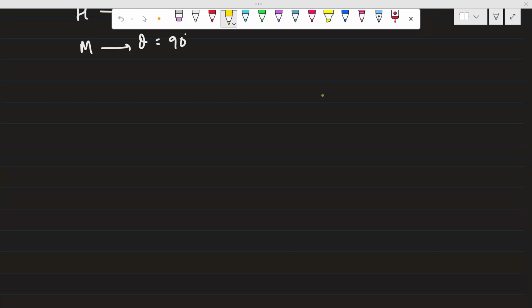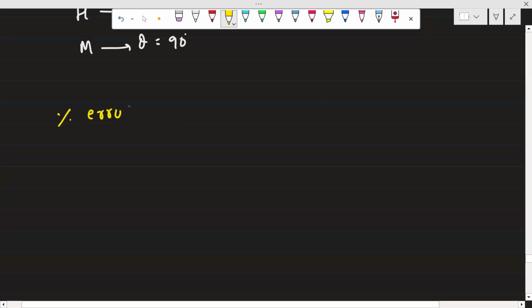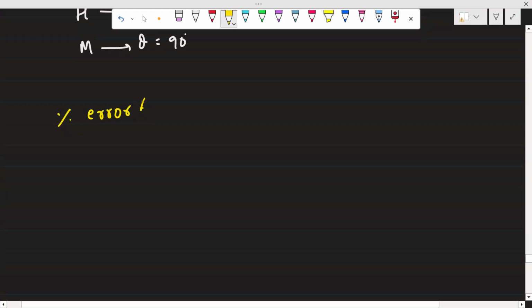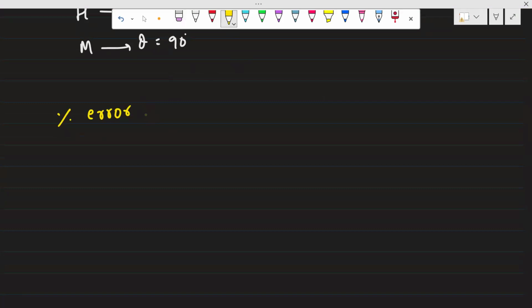See, this says a radius of a sphere is measured, and the percentage error is given as 1.2%.